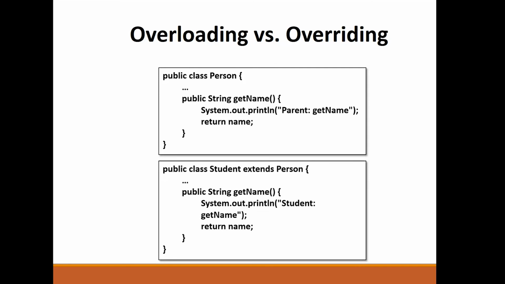Usually it's really just the same. As you can see, this is a person, and then the person is being extended by student. Now we just have to make sure that you use the same method name and parameters, also the return type and the return variable.